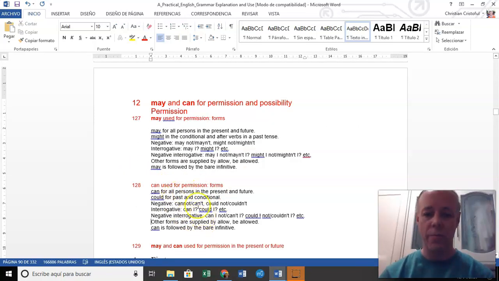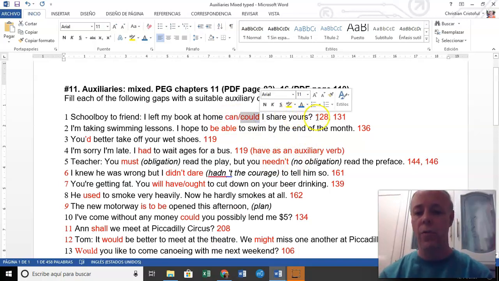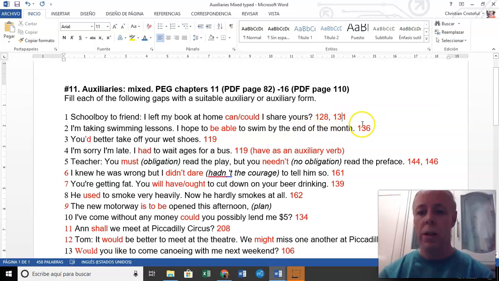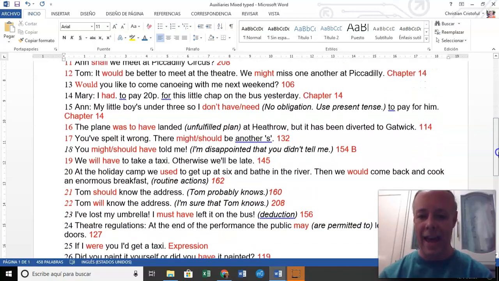And these are the forms and the explanation. An example. Well, this is what you have here in can. And then you have could, used for permission as well, or request. And you have this on the subsection 131 in your textbook. Well, you have all of them, and I wrote all of them here. So I would like you to go over that.